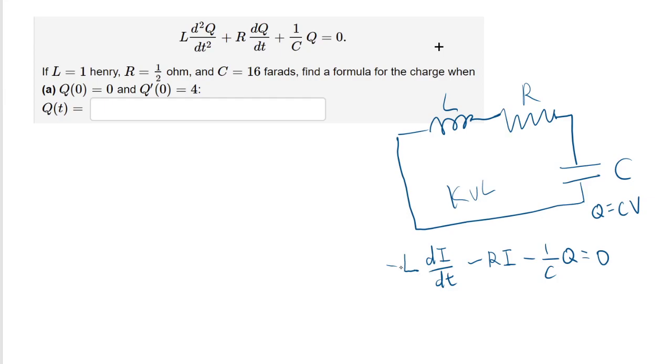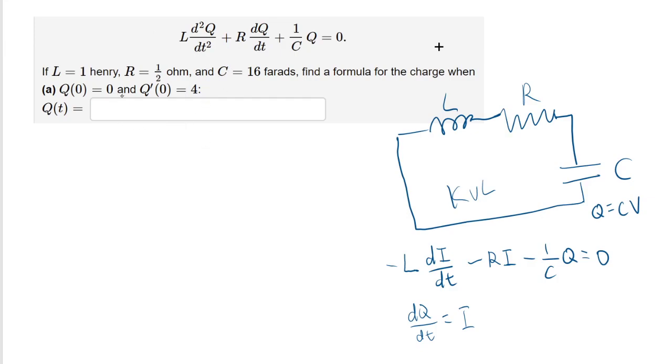And just by multiplying by negative and then using the fact that the derivative of Q with respect to time, the change of the charge, is the current, you can replace I by dQ/dt and dI/dt by the second derivative of Q, and that's how you get this differential equation.